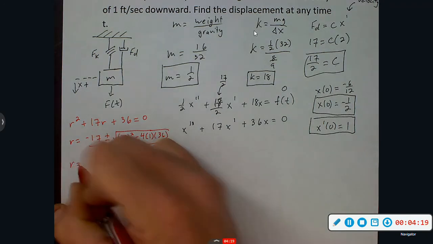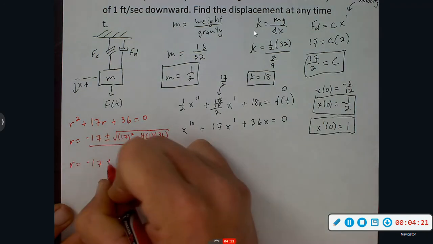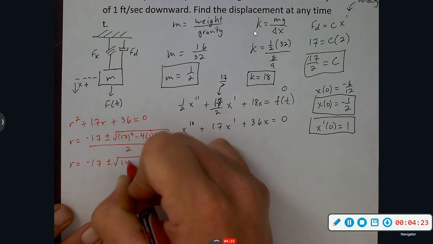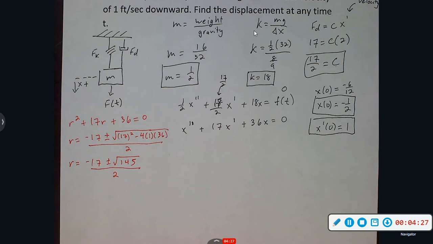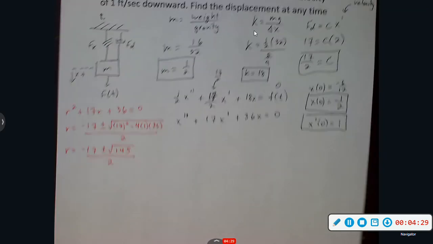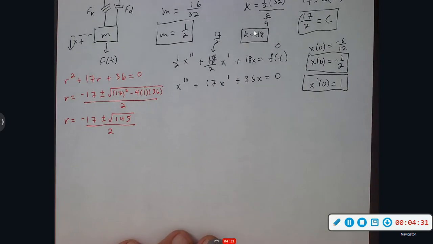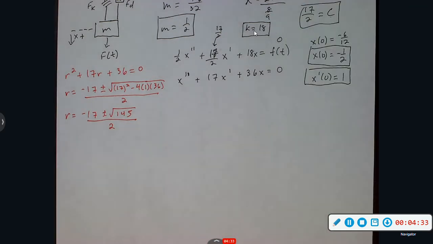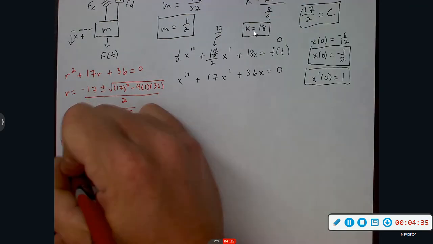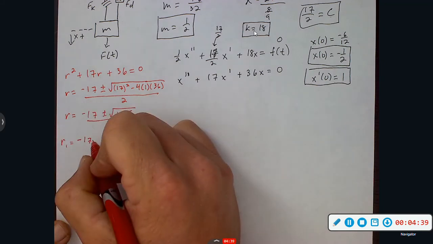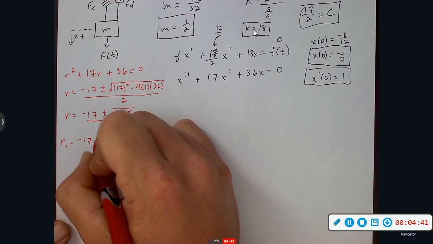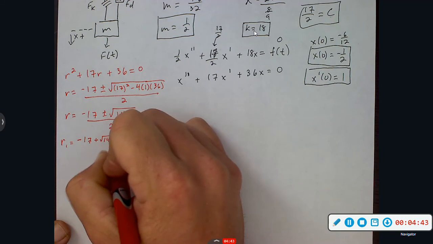The inside ends up being 145. So we have R1 will be negative 17 plus the square root of 145 all over 2.